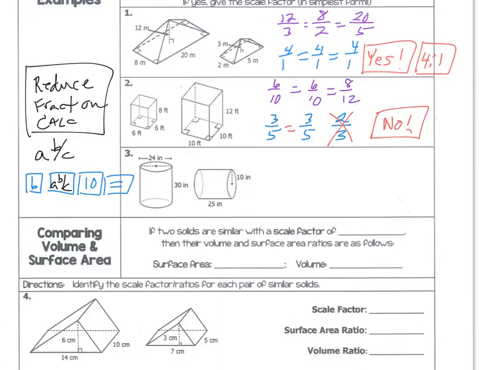So if you have the graphing calculator, what I want you to do is put in 6 divided by 10 equals. And then you're going to hit math. The math is on the left. You can see the math key. And then you're going to hit enter, enter. You have to hit enter twice. Did it give you 3/5? Right? So write down, if you have a graphing calculator, write down math, enter, enter.